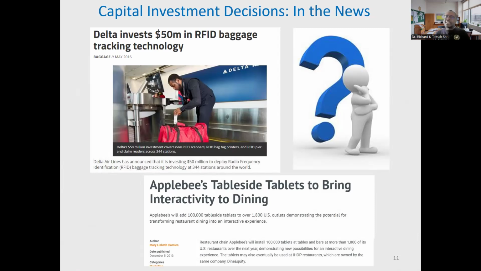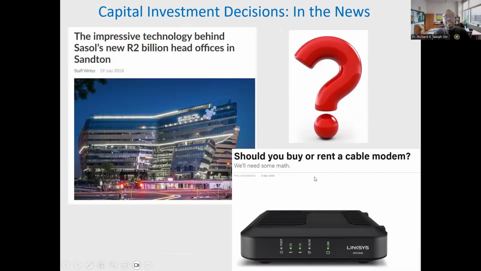And this requires investment analysis or decisions to be taken. So in capital investment intensive areas, you could think of more examples. Okay, look at this one also. The impressive technology behind Sasol's new R2 billion head offices in Sandton, right?